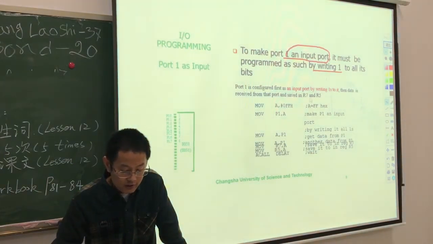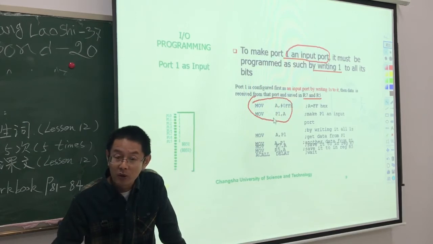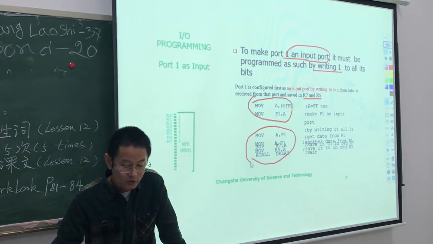Then data is received from that port and saved in R7 and R5. Here we write 1 to port 1, then you can read your data from port 1.